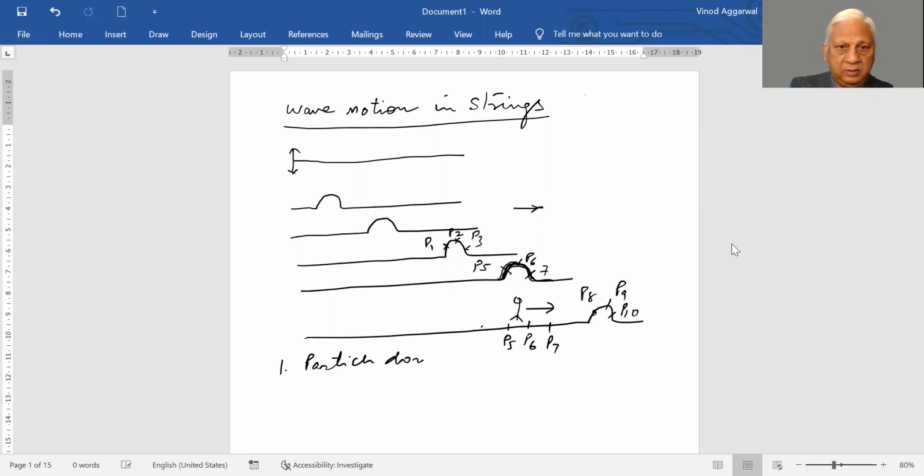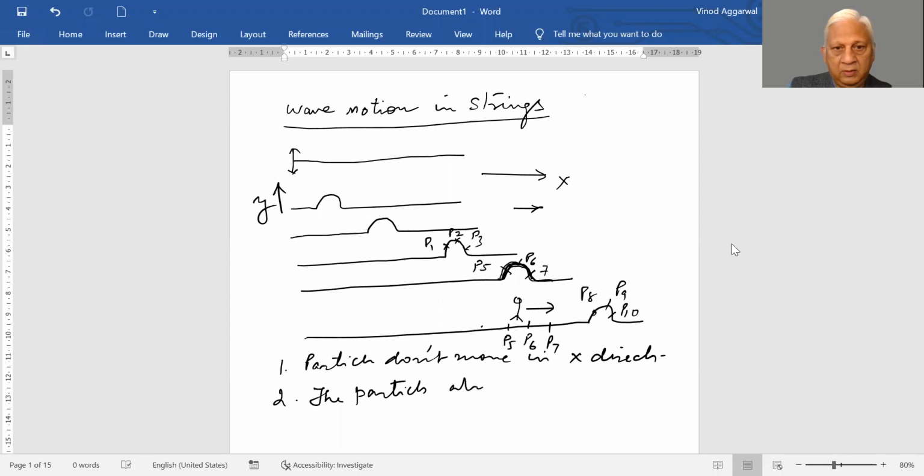particles don't move. If we take this direction as X, they don't move in X direction. And if we take this as Y direction, the particles always move in Y direction.